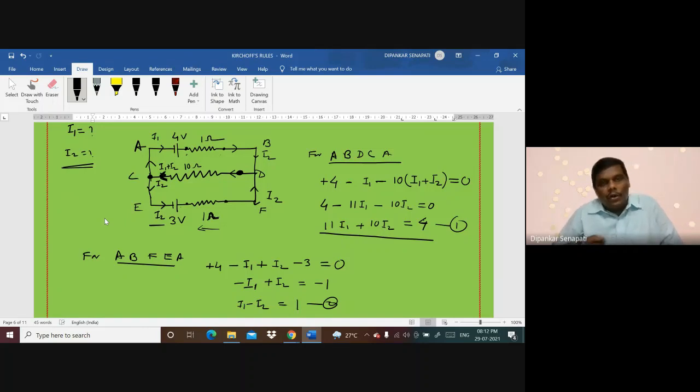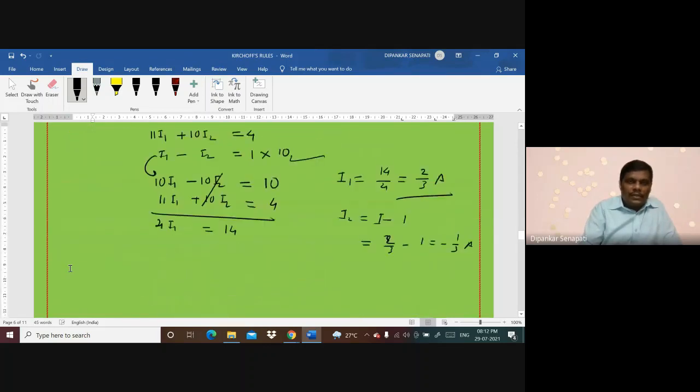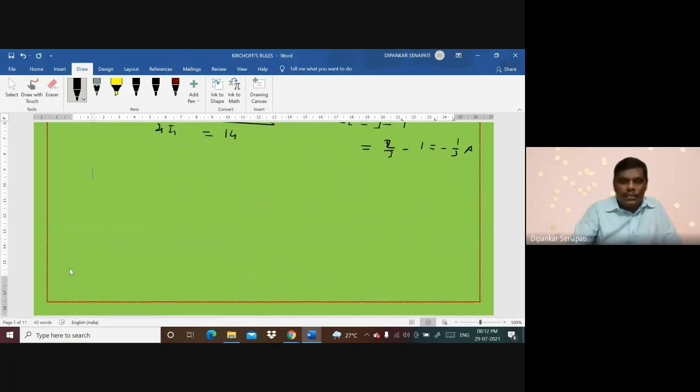If you take the wrong direction of current, there is no problem, but the first rule should be applied correctly, and ultimately you will get the result as positive or negative depending on the actual direction of current. In this way, we can solve different circuits using Kirchhoff's second law. Now let me justify Kirchhoff's second law.